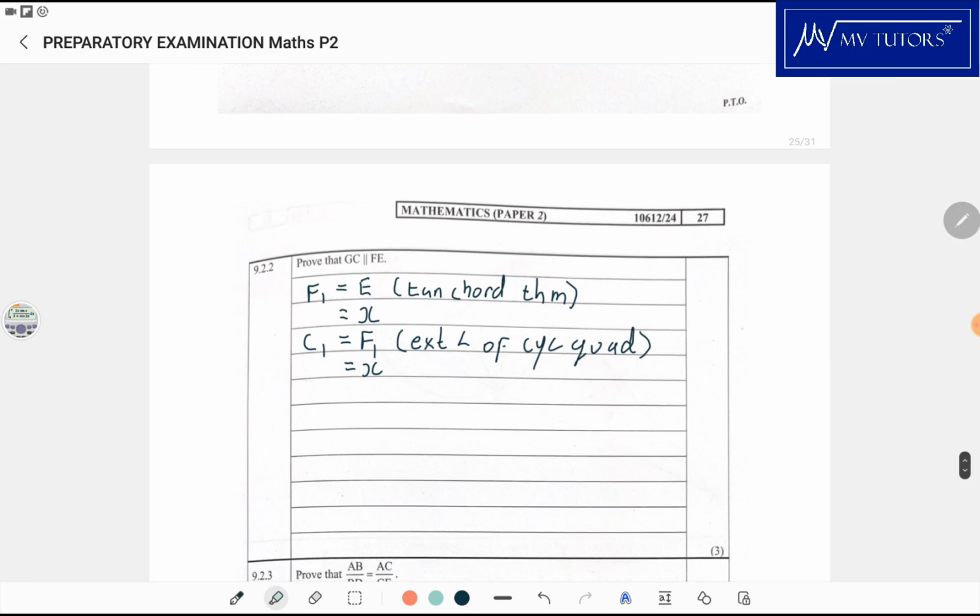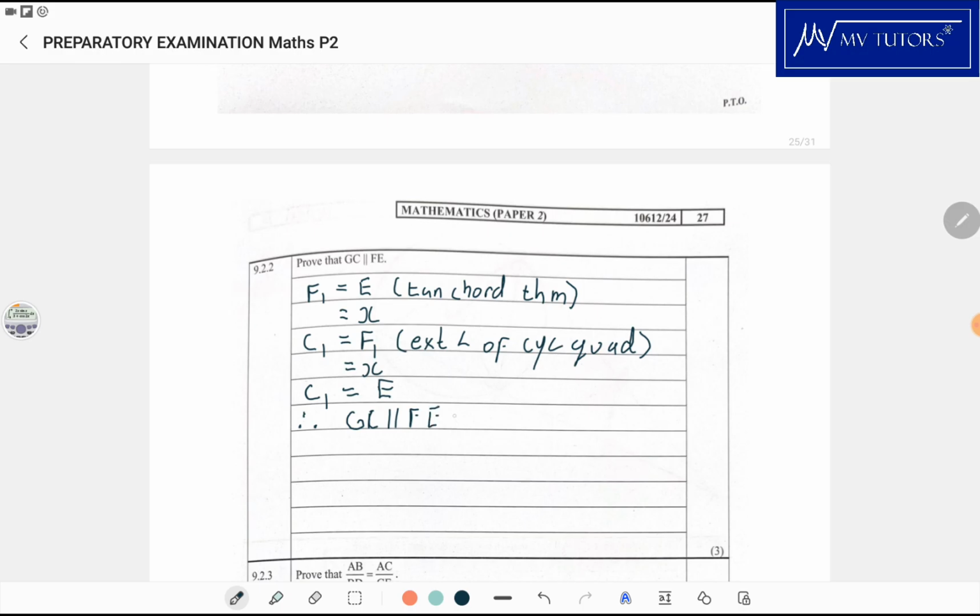So then we can conclude, therefore, that since C1 is equal to E, GC, which is the question that they asked us, is parallel to FE.